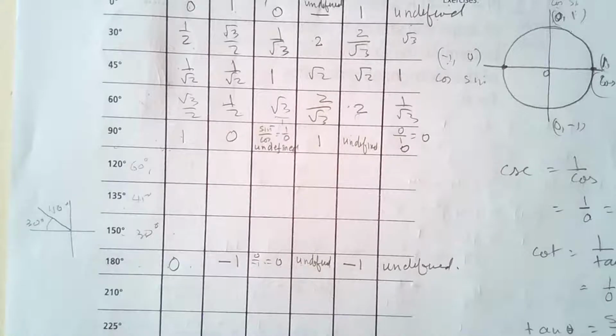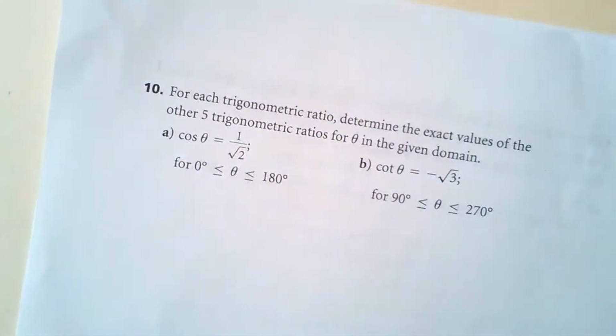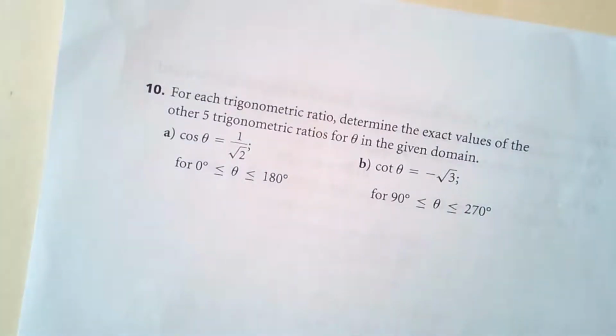I want to try one other example, and that will be the end of lesson 6.1. We're going on to lesson 6.3, looking at radians. So let's look at one last question, which is question 10 in your booklet.